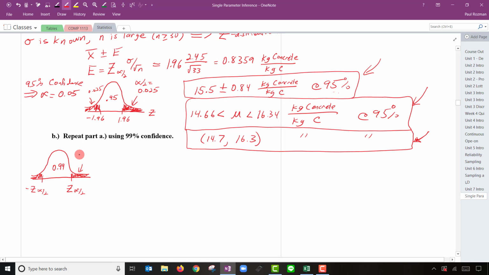So alpha over 2 is half of 1%, so 0.005, where alpha over 2 is the actual area. We just need to figure out where these values are. If we have our negative z table, certainly we can go and look that up.